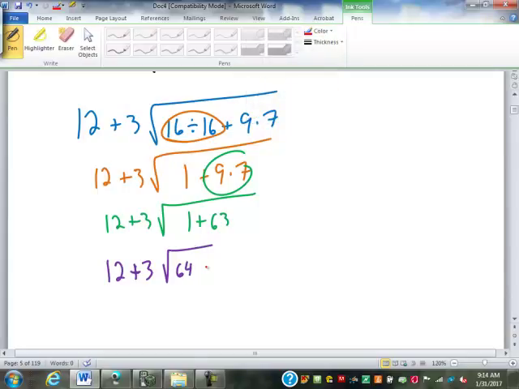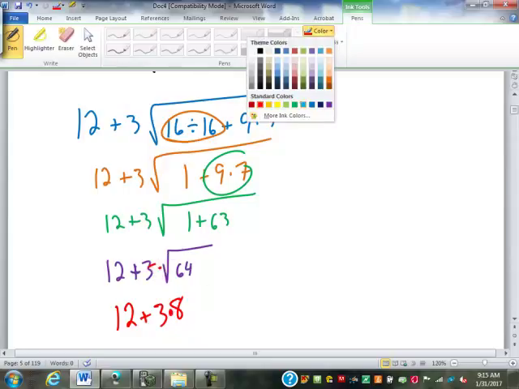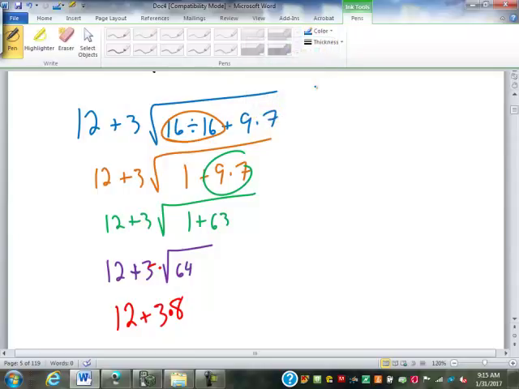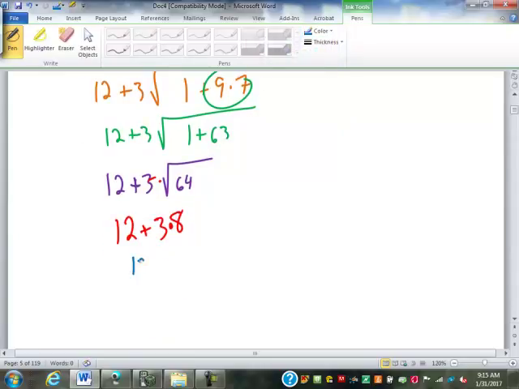To take out the square root, we have to do the square root of 64, which is 8. Also, just like the parentheses, we have the 3 in front of it. We have to put what in here? Multiplication. That is 3 times 8, which is 24. 12 plus 24 is 36.